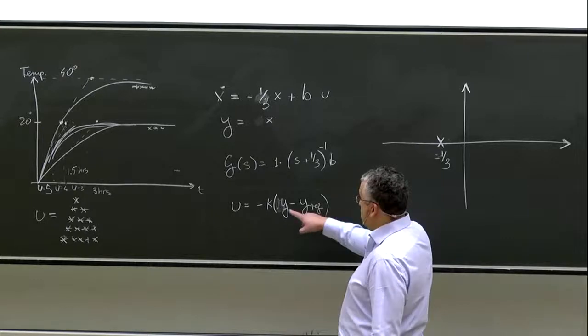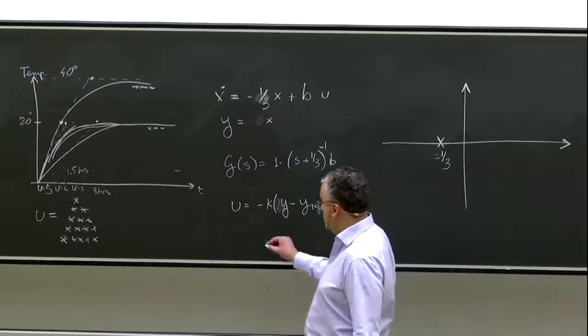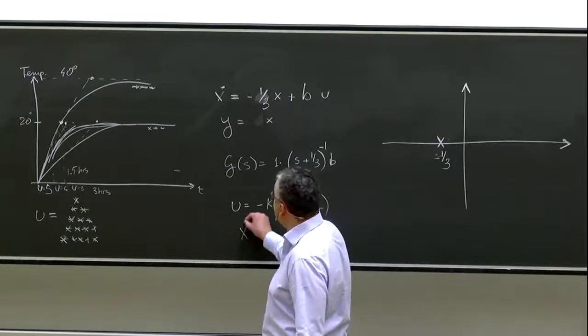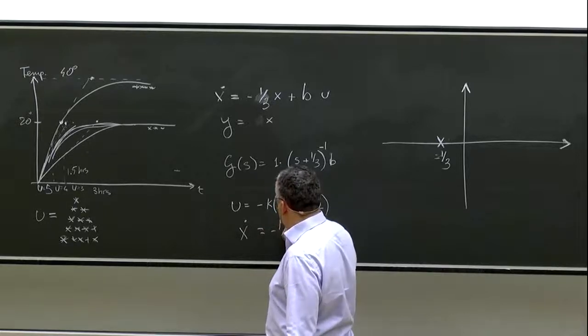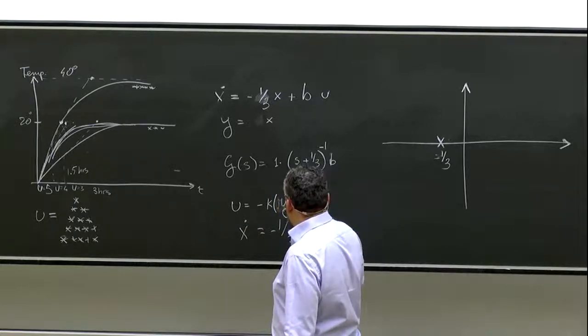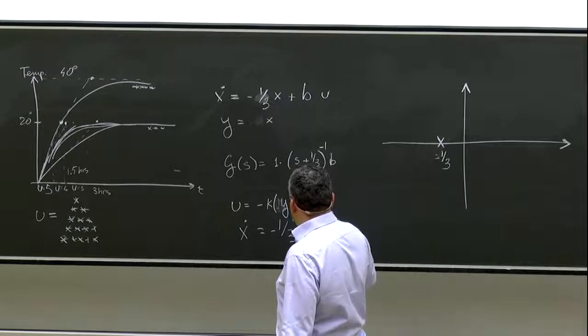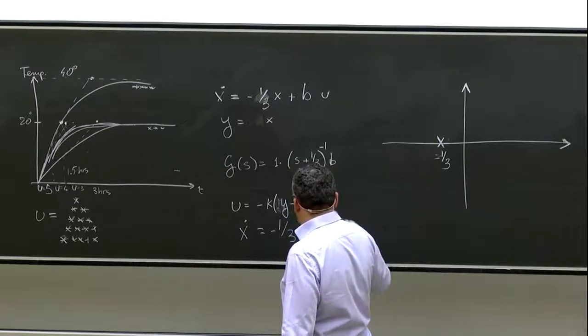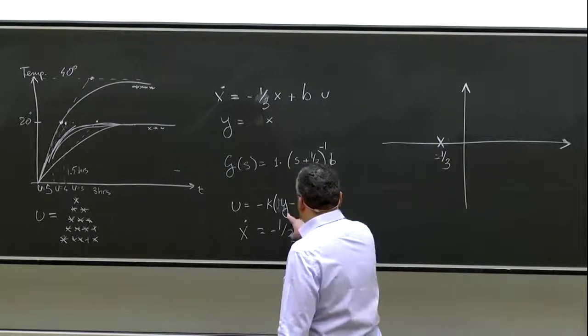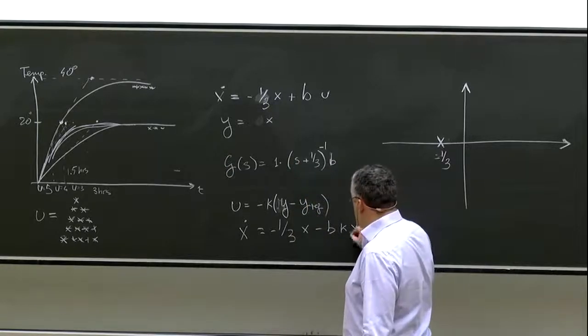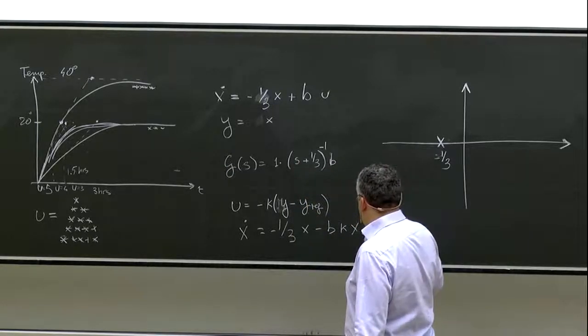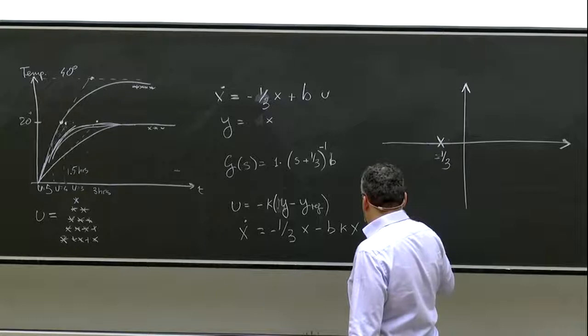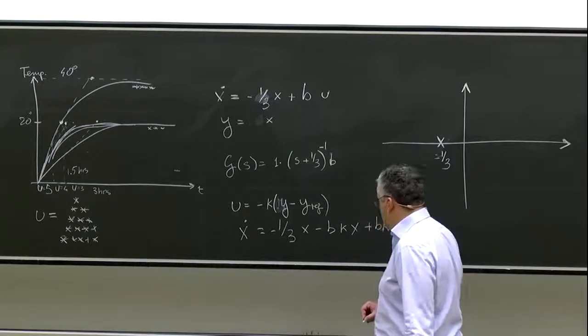And then what the equations will become, right? So what you will have here is that now X dot is equal to minus 1/3 X minus B multiplies K. You know that Y is equal to X, okay? Plus BK times X reference, okay?